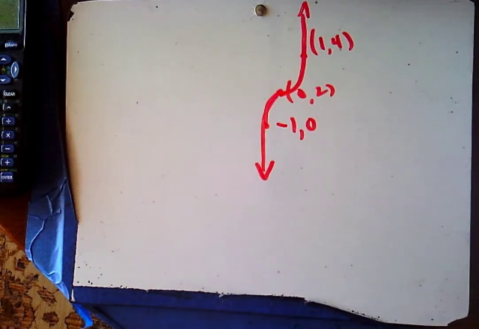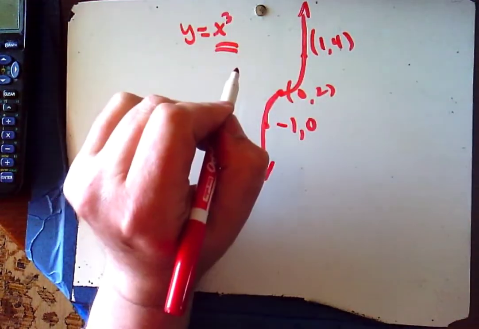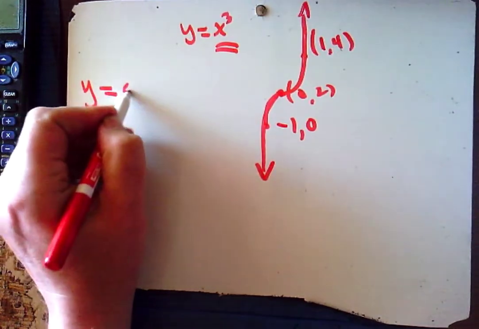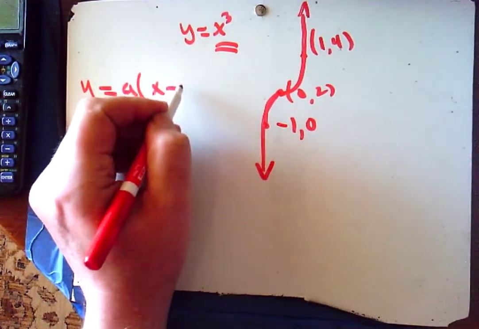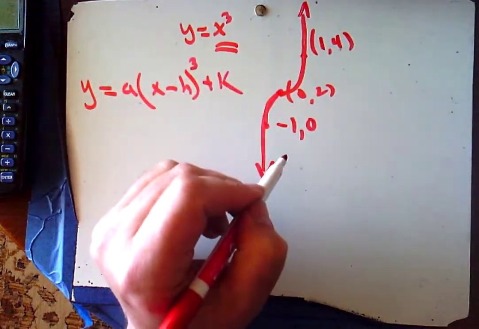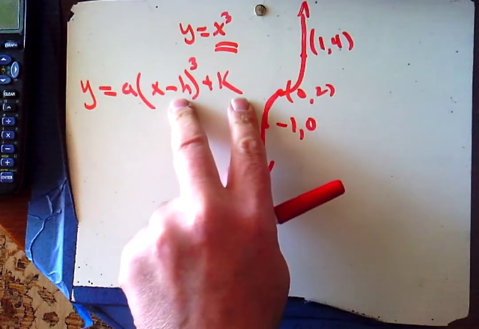So what function is that? Well, this is the y equals x to the third family. And when I'm thinking about the general form, it's going to be a times (x minus h) cubed plus k. And you can plug in the 0 point here.